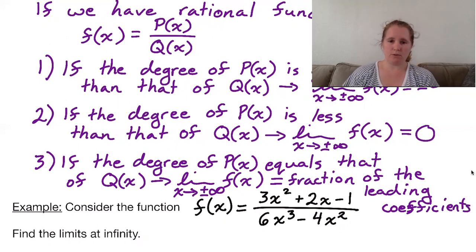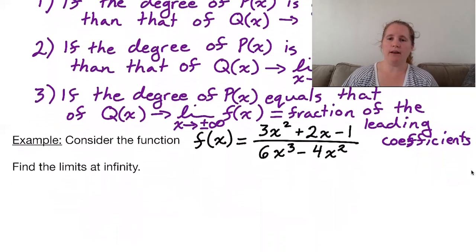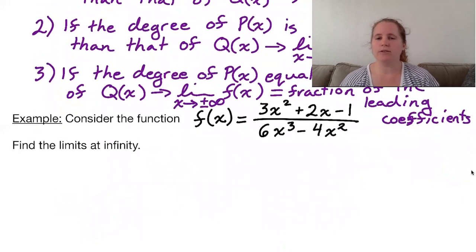So this next one is an example of that. We have 3x squared plus 2x minus 1 for our numerator and 6x cubed minus 4x squared for the denominator, and our job is to find the limits at infinity.